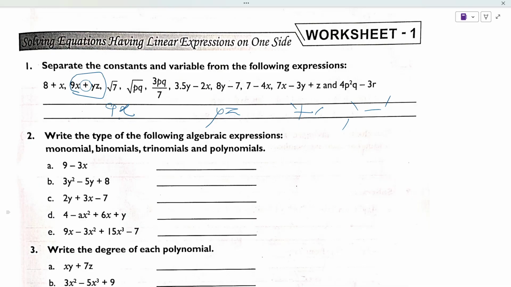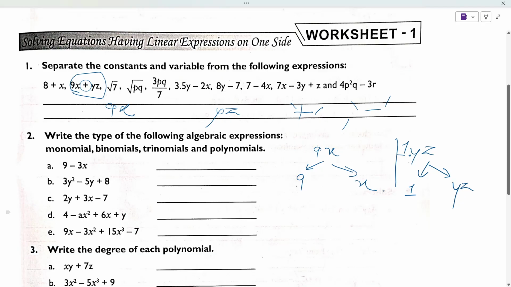Now in 9x, if we see the constant part, which is 9, and the variable part is x, whereas in the other term yz, no number is visible. But although no number is there, we can take the numerical coefficient as 1, because even if we multiply 1 to yz, it will remain yz only. So the constant is 1 and the variable is yz itself.